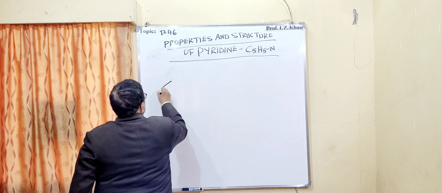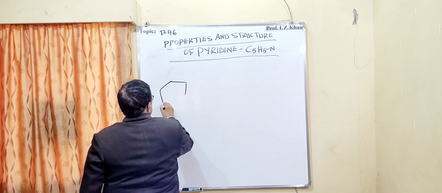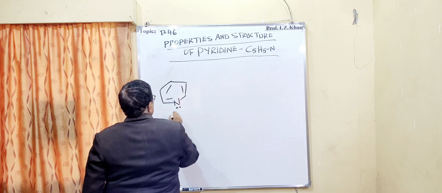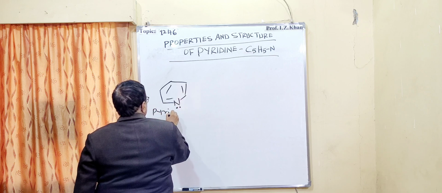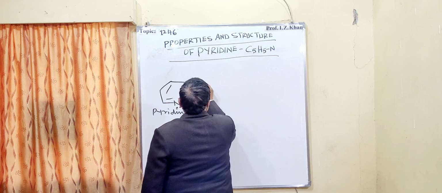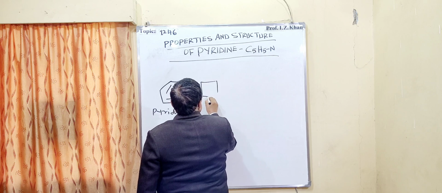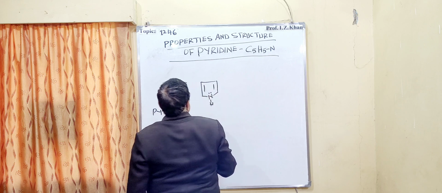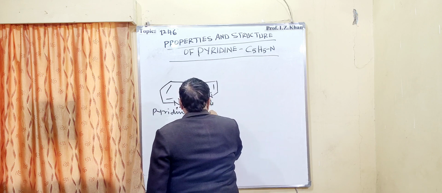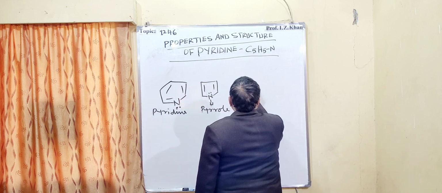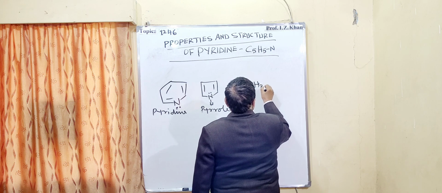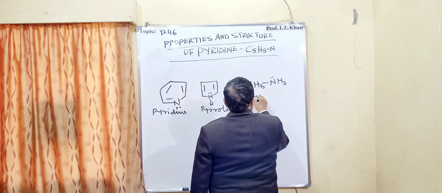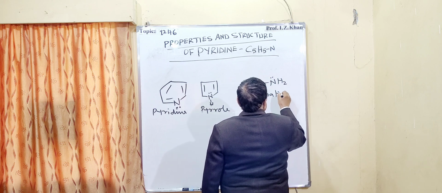For example, this is your pyridine, and this is your pyrrole, and this is your aliphatic amine.